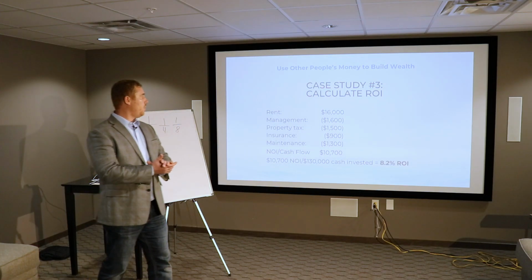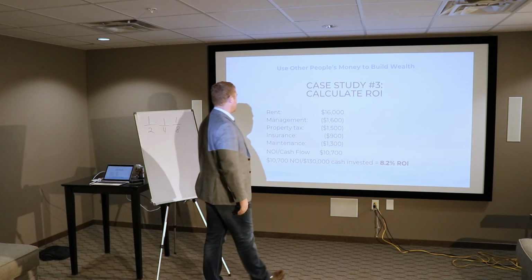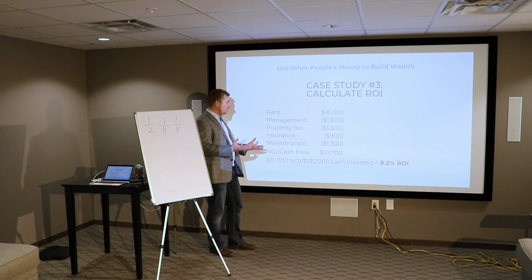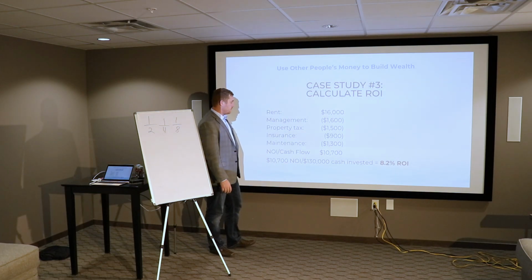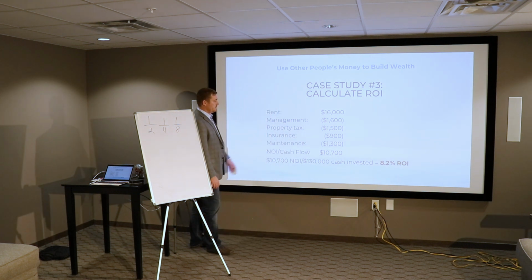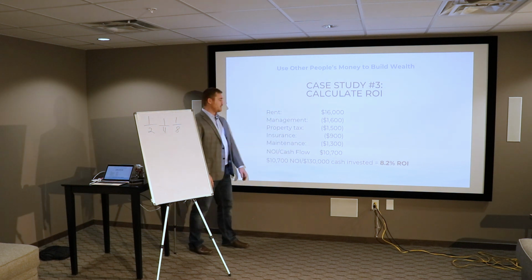Okay, so hopefully you got this one. Pretty straightforward, but let's walk through it together. Again, we've got our rent of $16,000, subtract our management fees, our property tax, our insurance, and our maintenance, and we're left with a net operating income and the cash flow. In this case, they're both the same because we didn't have debt. And when you don't have debt, those two things are going to be the same. That ended up being $10,700, which is $16,000 in rent minus the expenses.